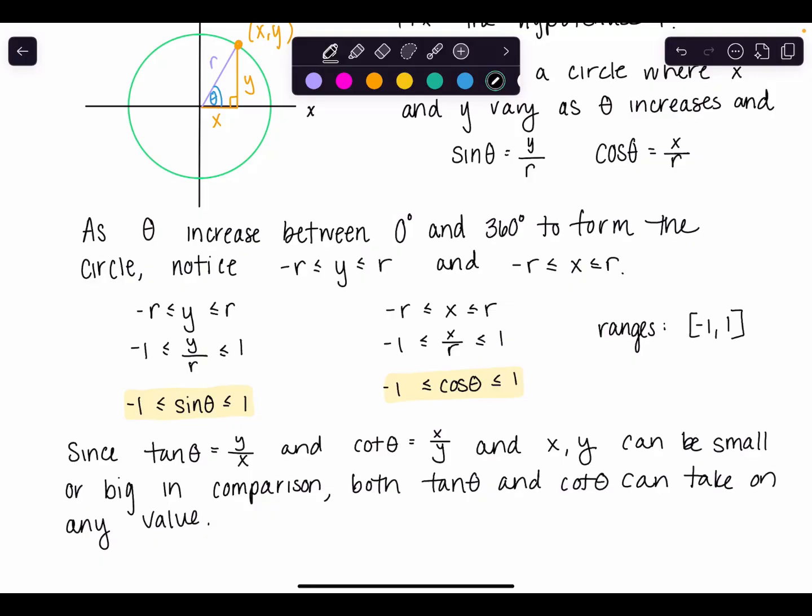So i.e. their ranges are both -infinity to +infinity. Tangent of theta can equal anything.